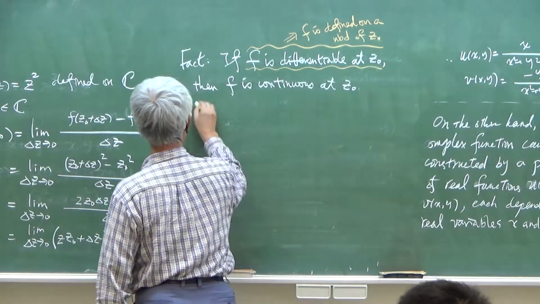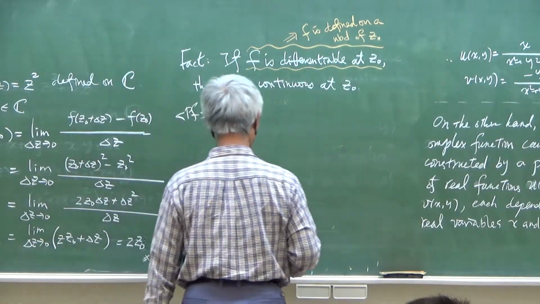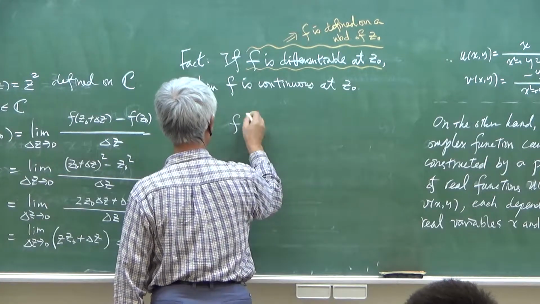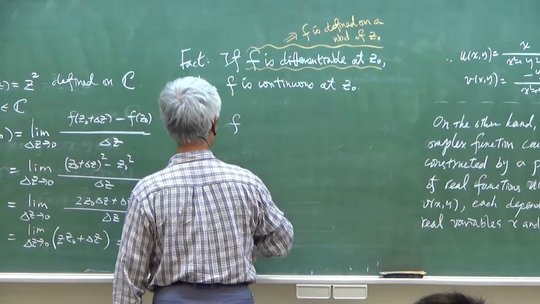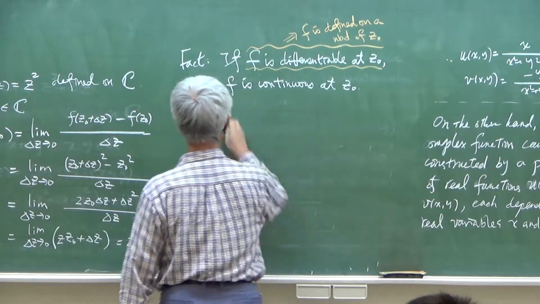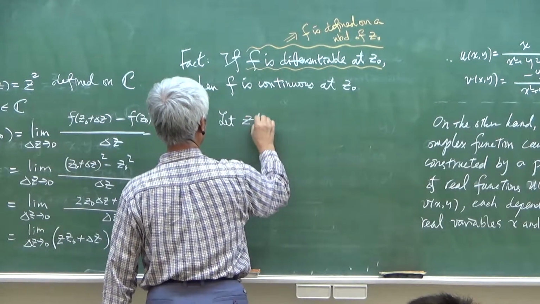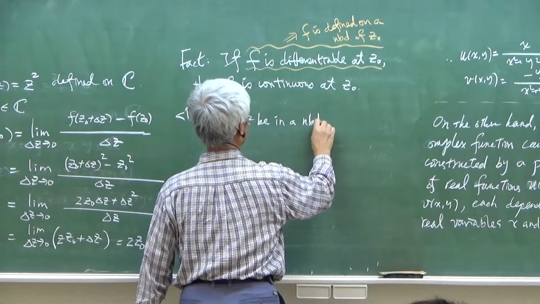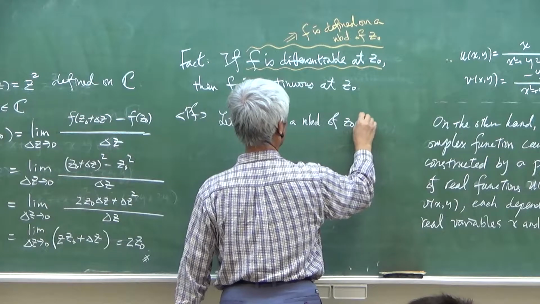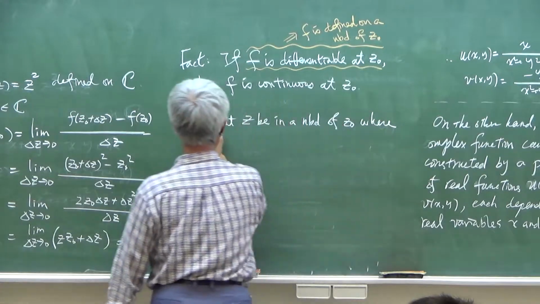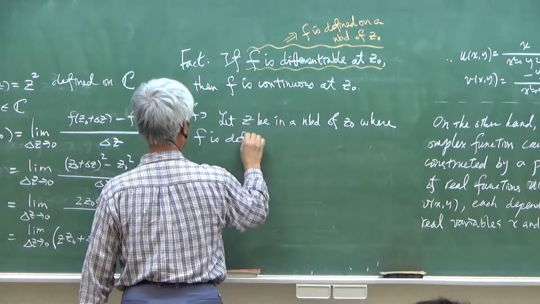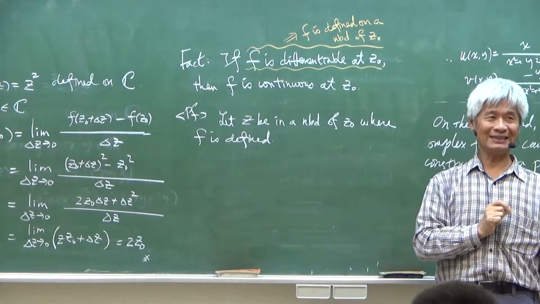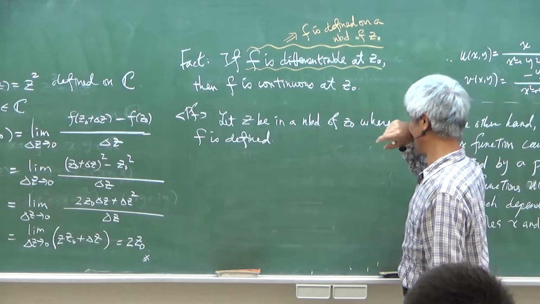So the proof is here. We may let z be in a neighborhood of z0 where f is defined. Okay, so we use this implicit meaning. So that is the neighborhood.